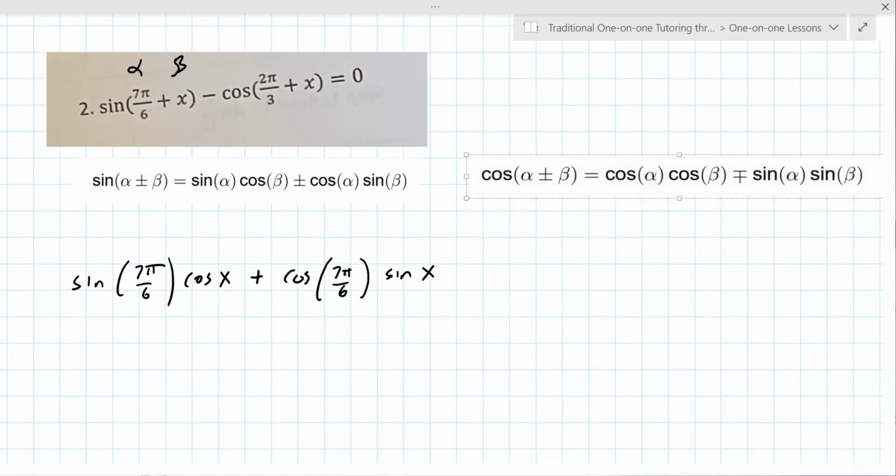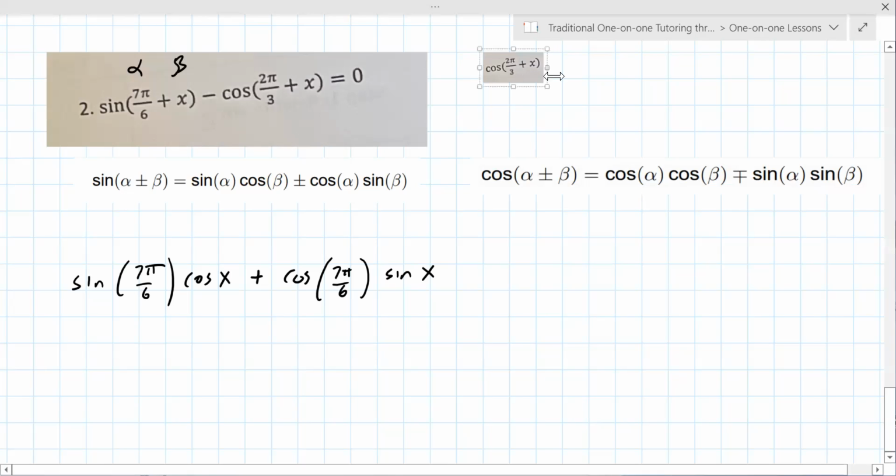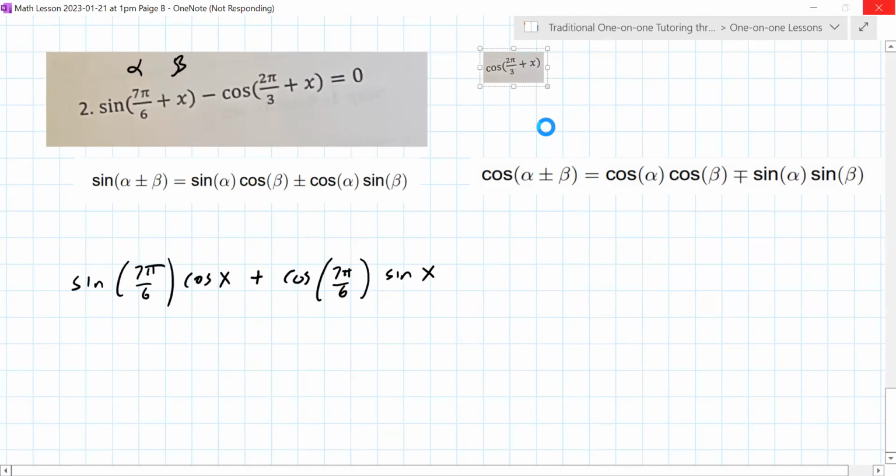All right, and then let me just snip that one more time. All right, so in this problem, alpha is going to be 2 pi over 3, and beta is going to be the x.